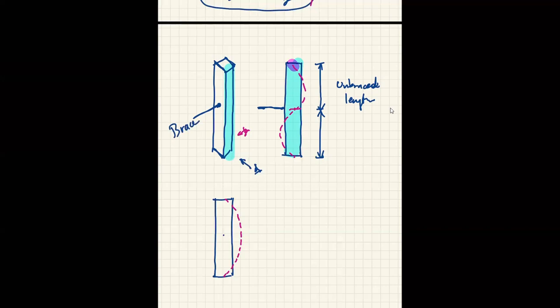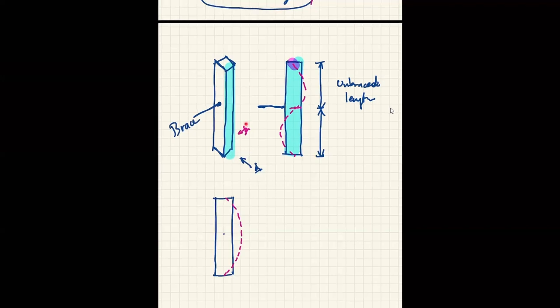But when we consider this in another axis, when it's going to buckle around this axis, it can just go with the entire length because it has no restraint to help stop its displacement. So the unbraced length becomes the entire length this time.